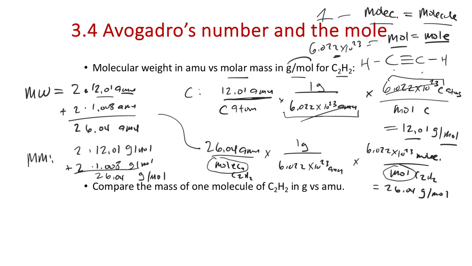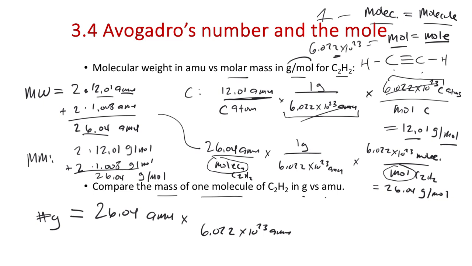And now let's compare the mass of one molecule of C2H2 in grams versus AMU. Well, the mass of a molecule in AMU is 26.04 AMU. The number of grams of one molecule of C2H2, let's just start with number of grams, equals, so we're trying to convert to the number of grams, 26.04 AMU, 6.022 times 10 to the 23 AMU correspond to 1 gram.